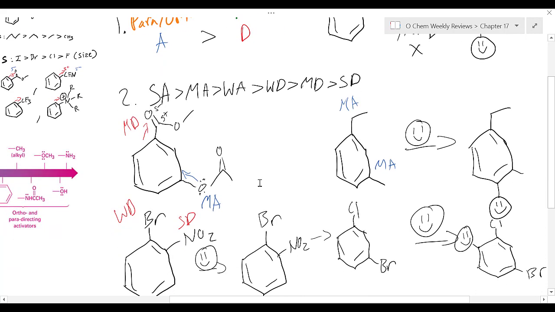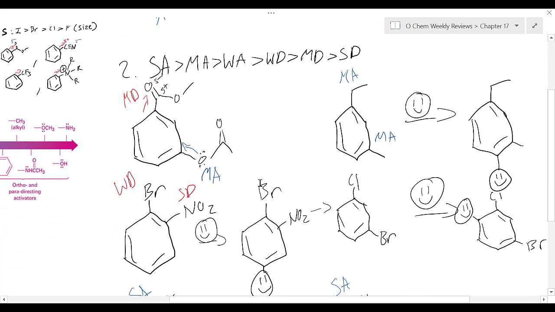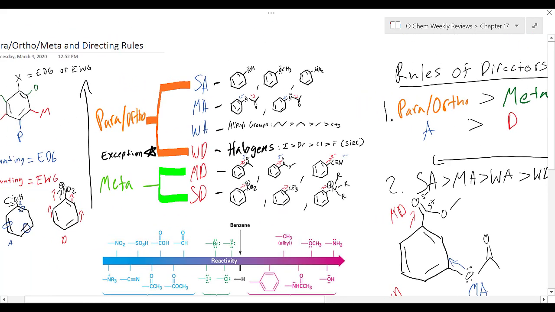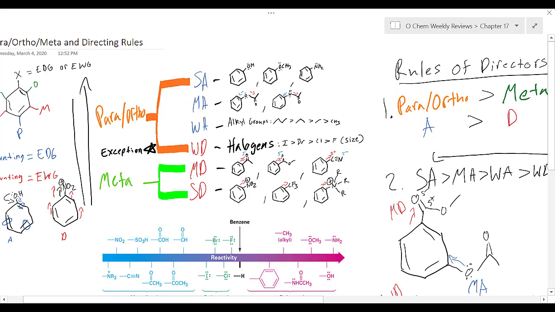Alright, so here's a few more examples. I have two deactivators. I have a halogen, in this case I have a bromine, and then I have HNO3. So strong deactivator for HNO3, weak deactivator for bromine. Weak deactivator is higher up on this list. That's why it goes this way, as well as going this way.